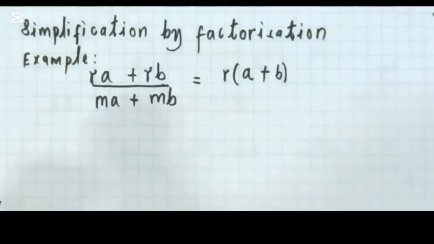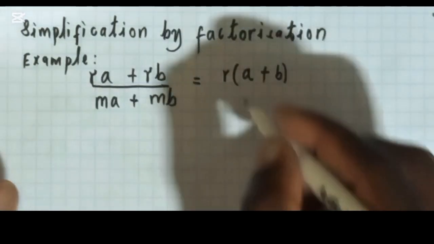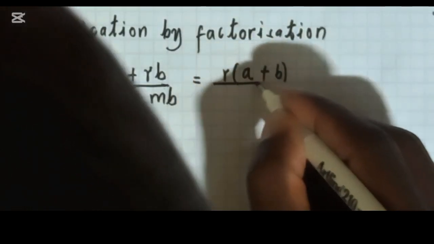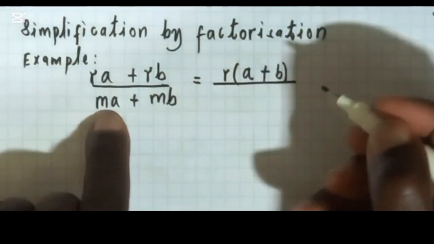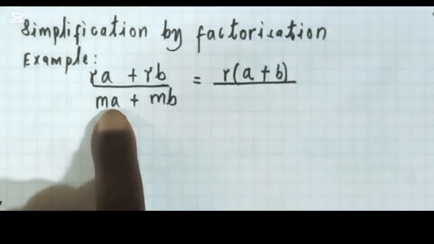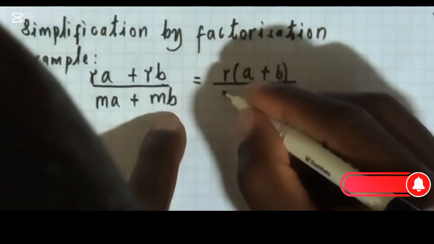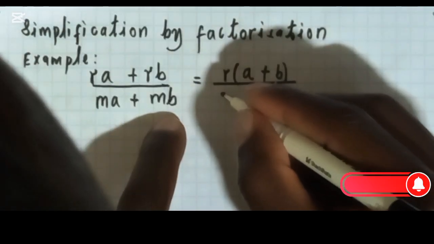So we've already factorized our numerator. Let us try and factorize our denominator. Why? Because it also has a common factor there. All right, so R into A plus B all over, our common factor here is M. M is in MA and M is in MB. So we pick M with the lowest power.